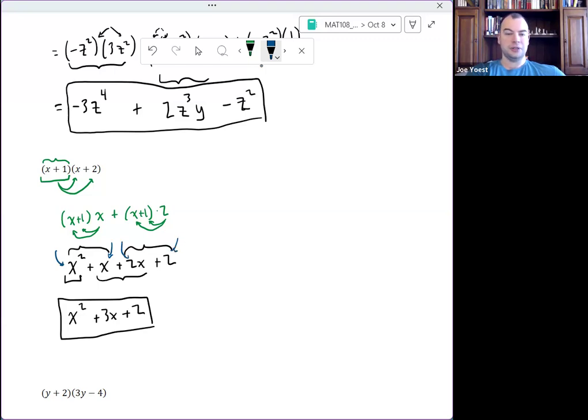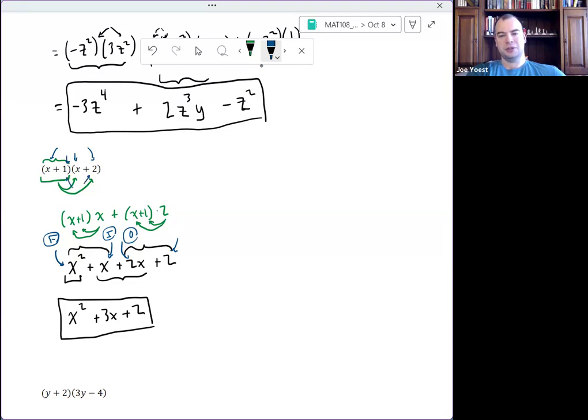This initial term here, x squared, I get by multiplying the first component of each binomial, the x times the other x. This plus x term I get by multiplying the inside terms, the 1 and the x, the ones that are on the inside are close together. The 2 times x I get by multiplying the outer terms or outside.